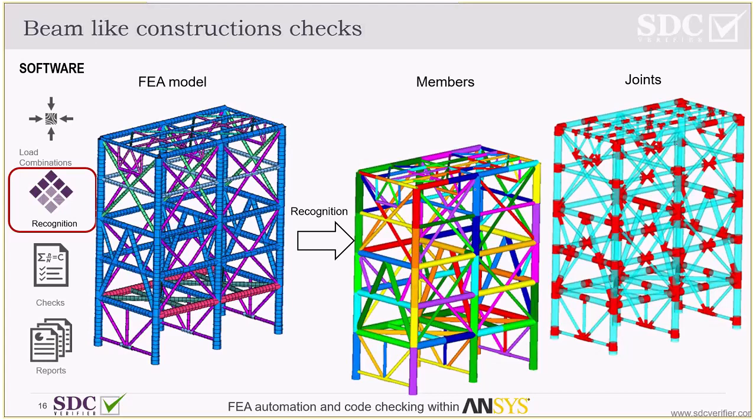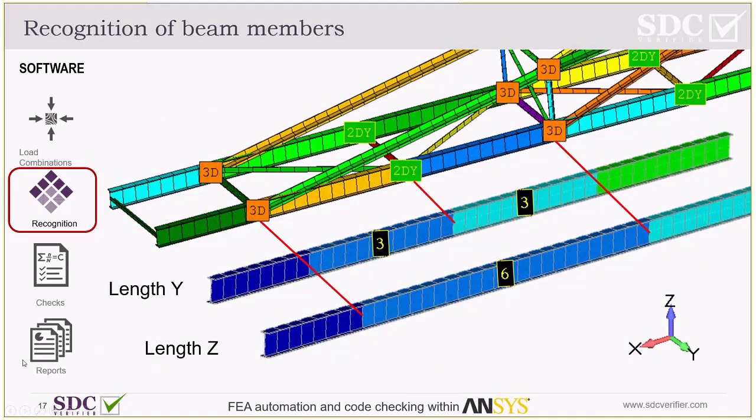The crucial point in beam member recognition is the ability to recognize the member lengths in different directions. For example, this beam has two members of 3 meters in the Y direction because of this joint here, and in the vertical Z direction it is one member over 6 meters.